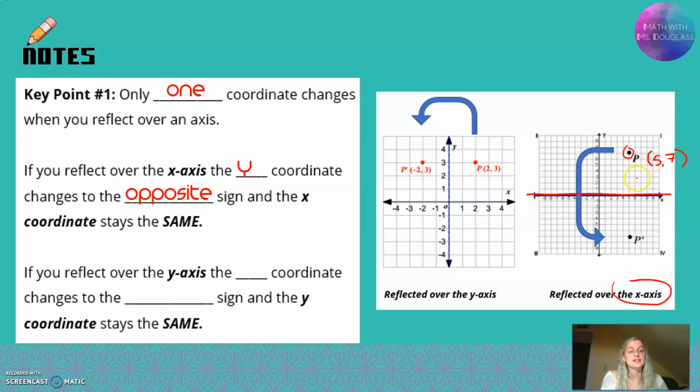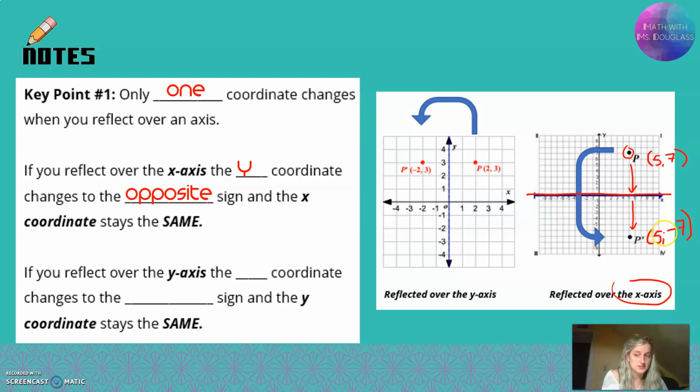We are going to reflect it like it's looking in the mirror of the x-axis, and its reflection is exactly on the other side of the mirror right there. If I'm standing 7 spaces from the mirror, my reflection is also going to be 7 spaces from the mirror, just on the opposite side. So watch how the x-coordinate stays the same, but the y-coordinate shifts to the opposite of positive 7, negative 7.